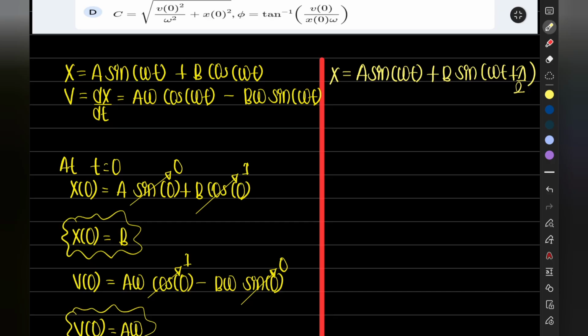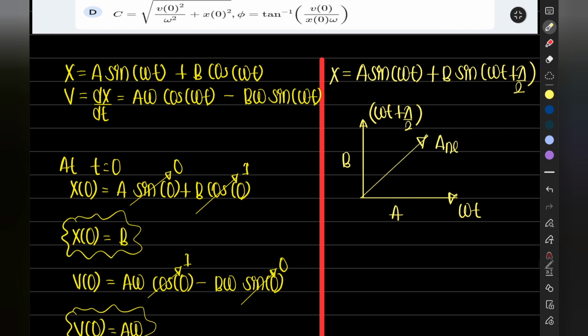Now we will draw its phasor diagram along the x-axis. If this angle is omega t, where our amplitude is a, and if I add 90 here, that is omega t plus pi by 2, here we will have b, and the resultant amplitude of a and b is a net.